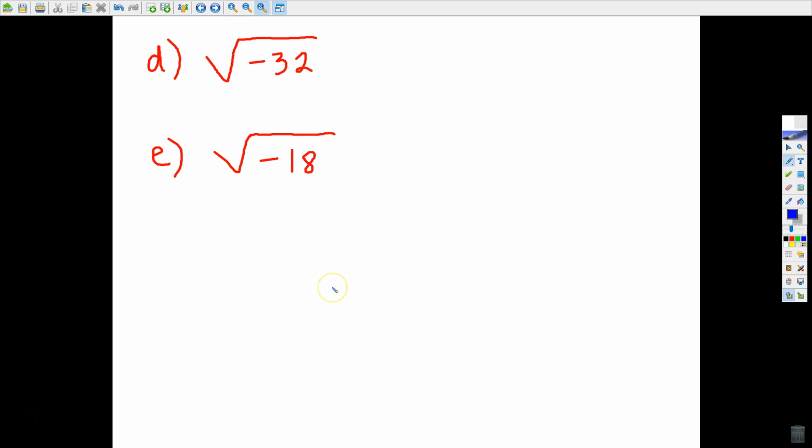Okay. Let's try letter D. Using that same factoring technique, I'm going to use the square root of negative 1 to come up with the negative. And I'm going to choose the biggest square root factor of 32 that I can find, and that just happens to be the square root of 16. 16 goes evenly into 32, and it has a perfect square root.